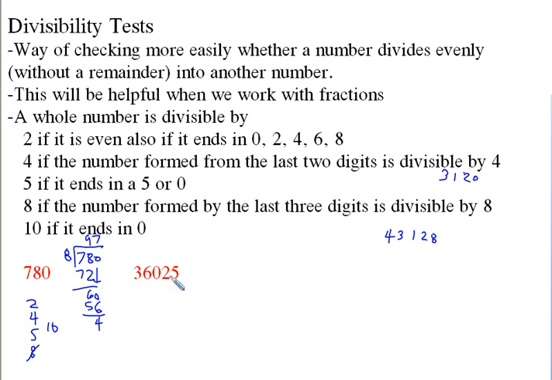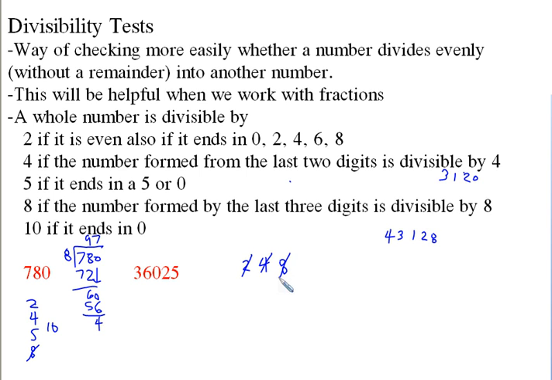This one here, again, same thing. All we do is look at it. Does it end in a 0, a 2, or a 4, or 6, or an 8? No, it does not, so it's not divisible by 2. We know that right off the bat. If it's not divisible by 2, it's never going to be divisible by 4, because every number that's divisible by 4 is divisible by 2.